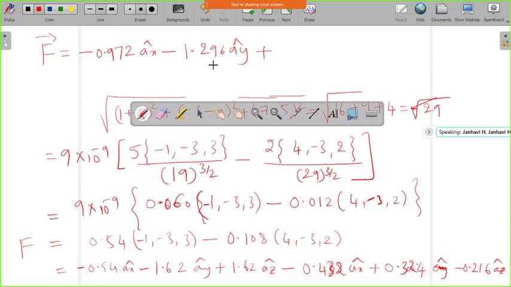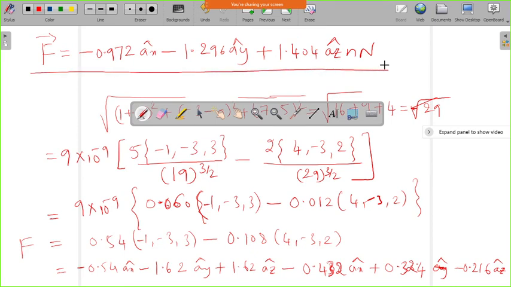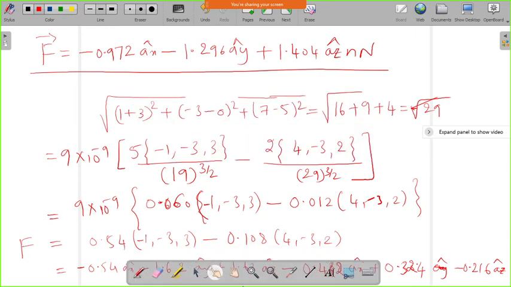Okay, so the Z component is 1.404 AZ. This is in nanonewton. So this is your force. Okay, so now we need to find the electric field at this point.